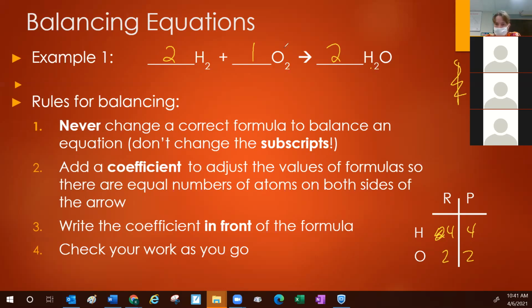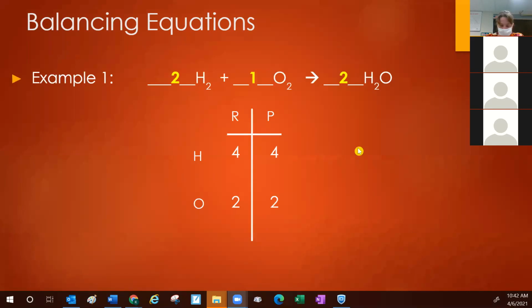It's still 2, but it gives us a number to put on that line. So every line needs a number, whether it's a 1 or something else. Okay, the next slide just shows that done in its final form.